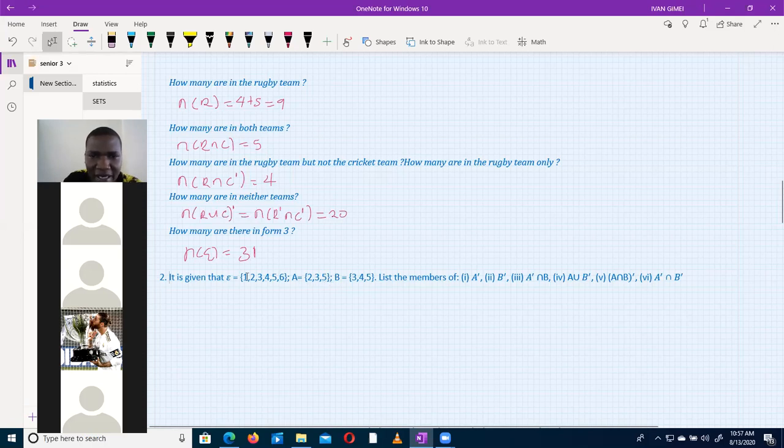Which members are in the universal set but not in set A? 1, 4, 6. Those are the elements of set A complement.